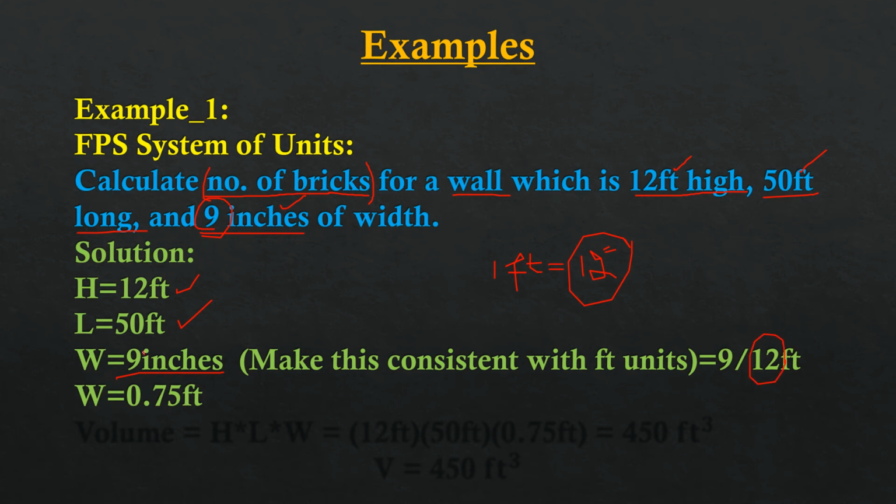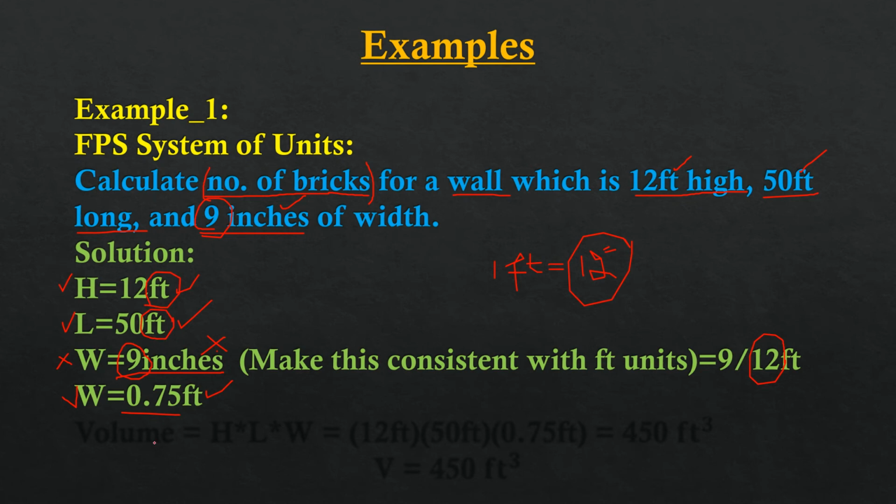In our question, these are 9 inches, so we divide 9 by 12 and we get 0.75 feet. In our final volume calculation, we will use this H, this L, and this W, not the W in inches, because that is not consistent with the other two units in feet.